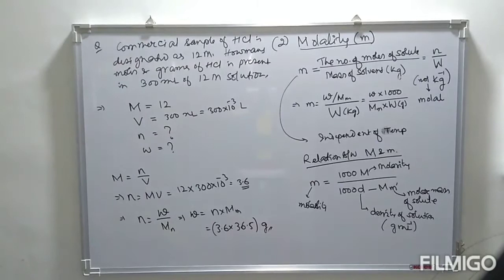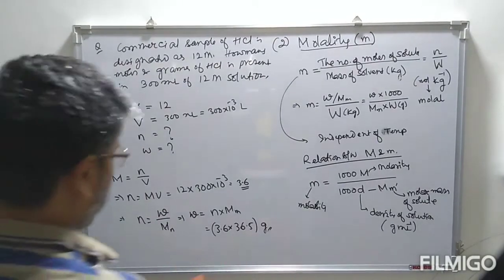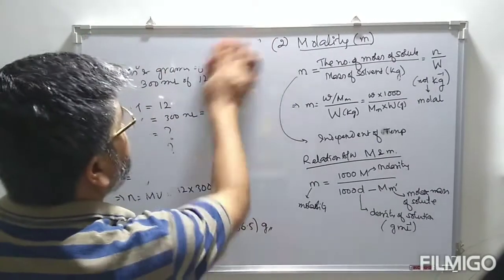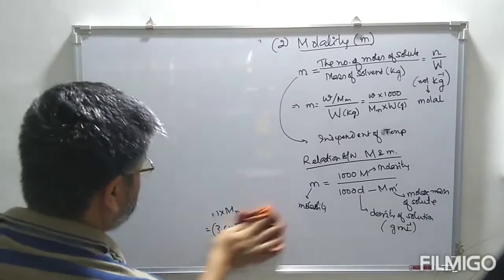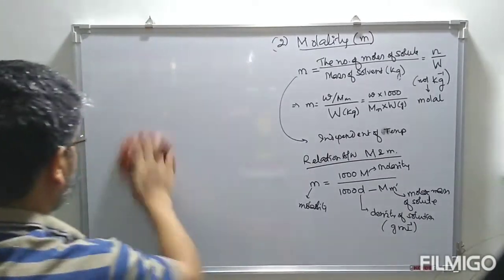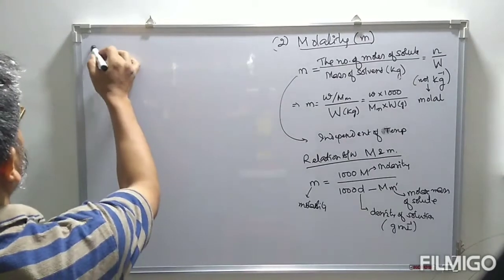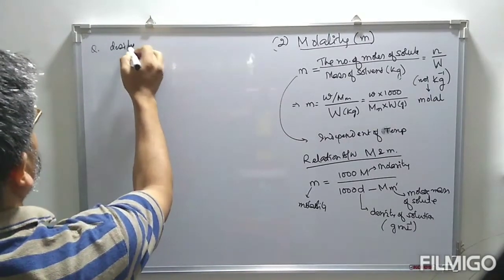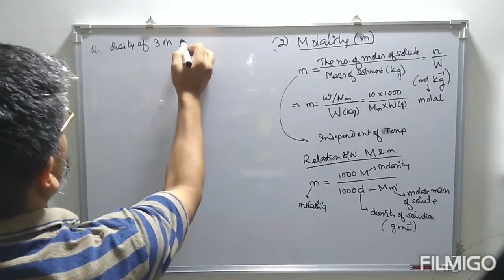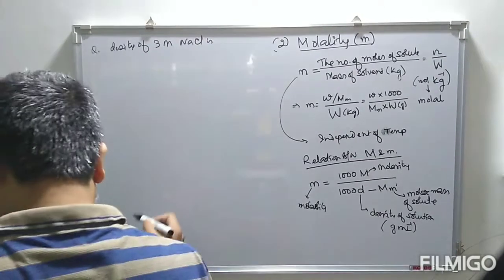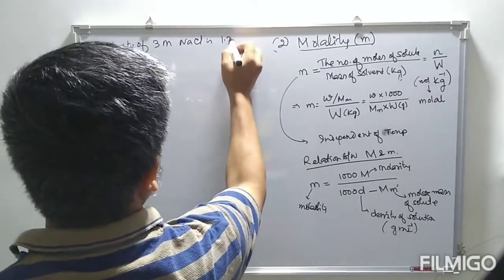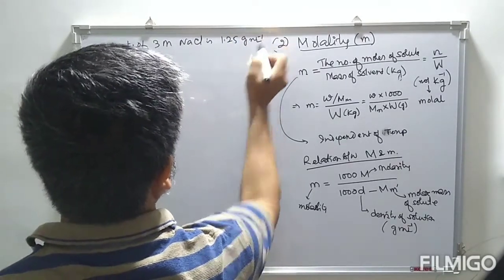So let's take up some examples to define molality. The question says the density of 3 molar NaCl is 1.25 gram per ml.